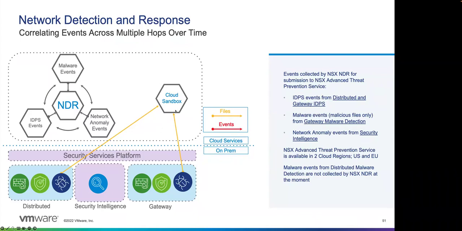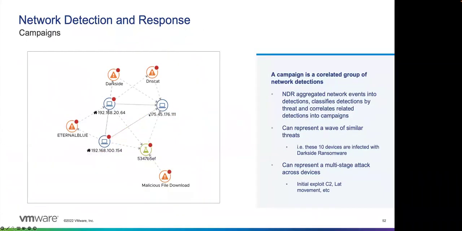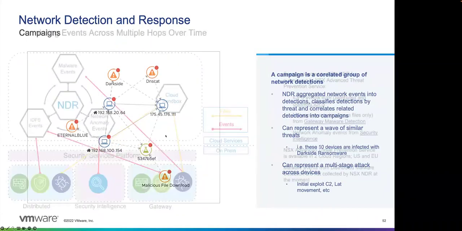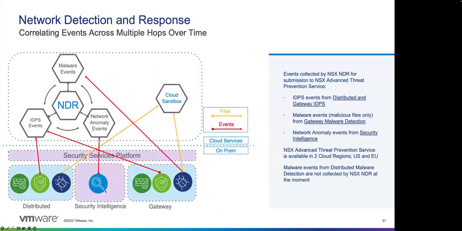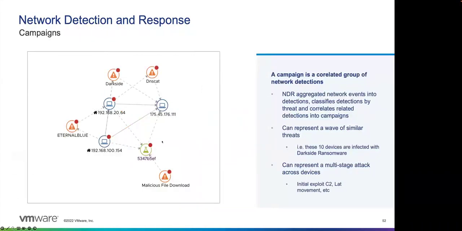That's still truly today a cloud sandbox where we do full emulation, and we want to be able to see what happens when we explode that file. We're going to send those malware events out to the NDR engines. We're also going to send in security intelligence events and IDS, IPS events so that we can correlate all these items.